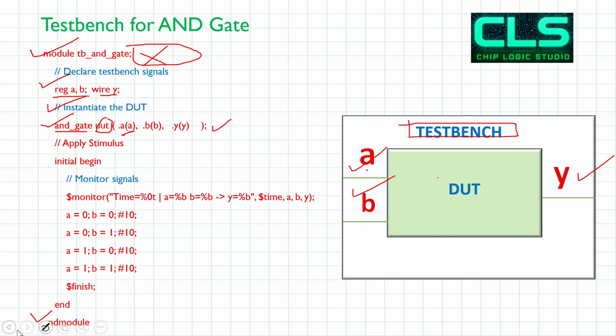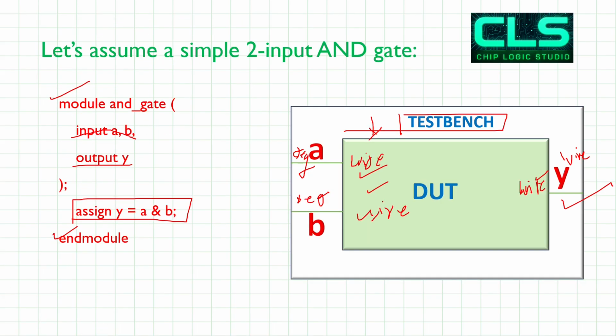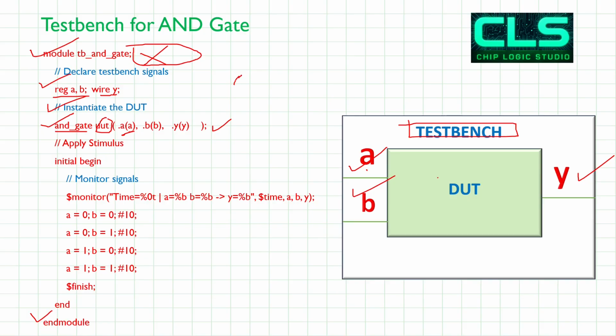And if you want to write positional mapping, then you have to match the position of the module ports, for example a, b and y, so you cannot change the order, you have to give a comma b comma y. But in named mapping you can change the order, you can write this one first anyway, because the connection will be proper, since we are giving the instruction that dot a is the DUT signal and in brackets your testbench signal. So this is our positional mapping, and this is our named mapping.